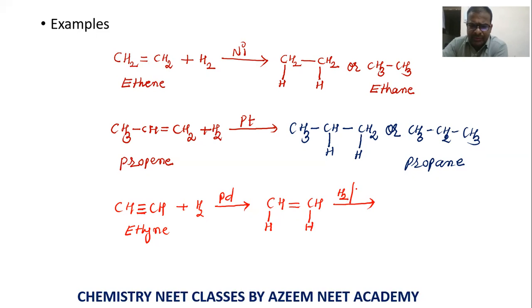You can write hydrogen again in the presence of palladium. Then one more hydrogen will get added up. CH, already hydrogen is there, so one more hydrogen is being added. So CH3 and CH3. What you are going to get, students?